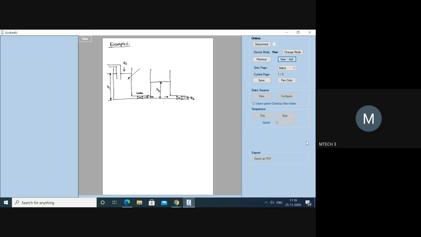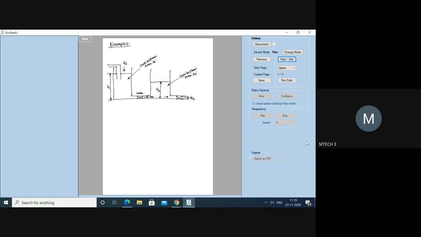This is cross-sectional area A1. This is cross-sectional area A2. Okay.